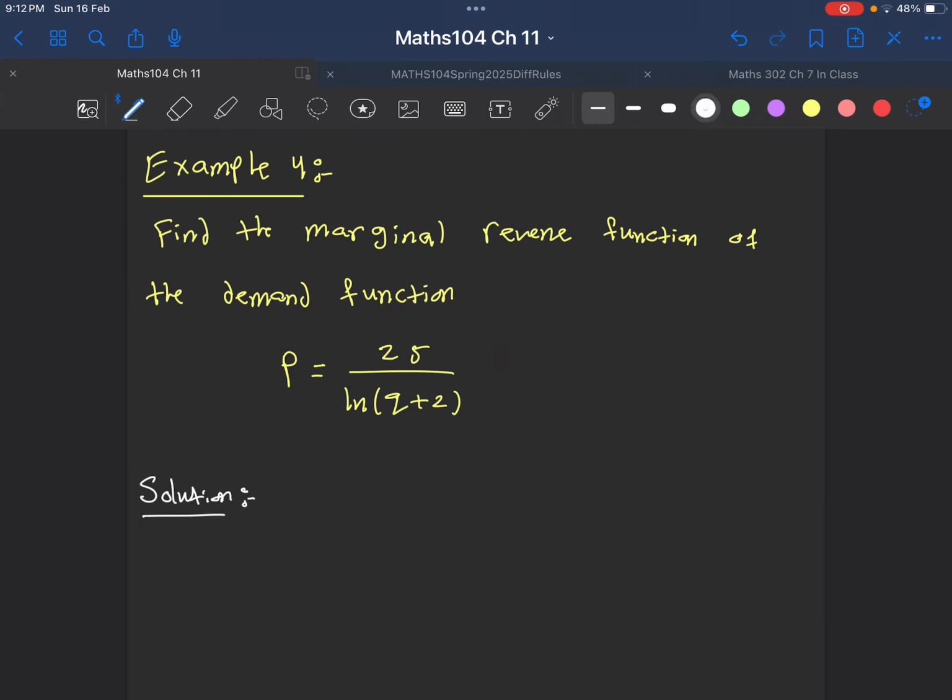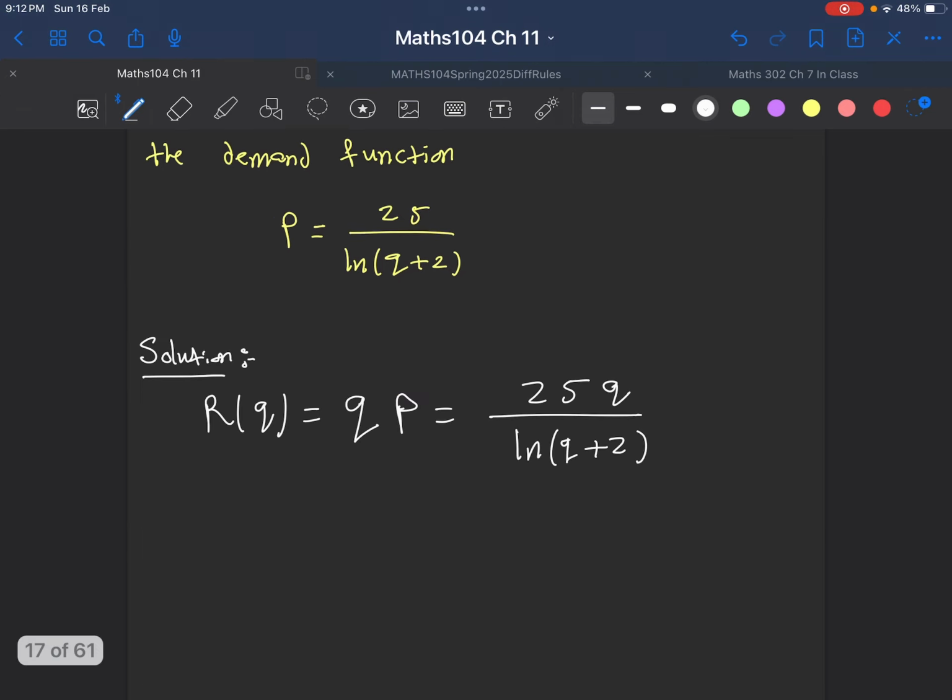What is given to me is the price. So the first step, we need to find the revenue function. What is the revenue function? Remember, the revenue function means the number of quantity sold times the price, which will become 25Q divided by ln Q plus 2.